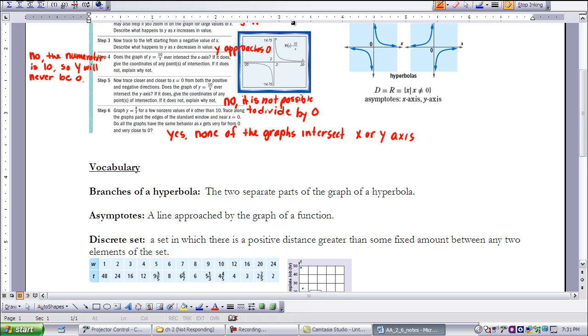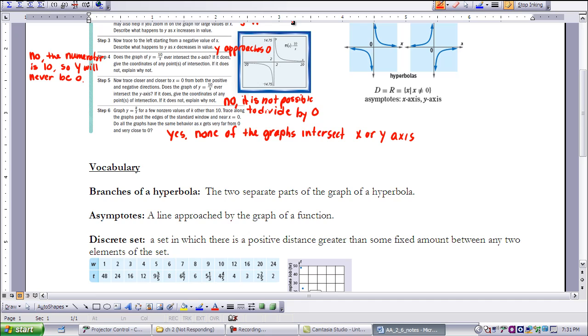Your asymptotes, as you study further in mathematics, will not always be the x and y axis. It just happens to be for our inverse variation here and in the inverse square variation that we're going to study later on in this lesson. The asymptotes happen to just be the axes in this situation.